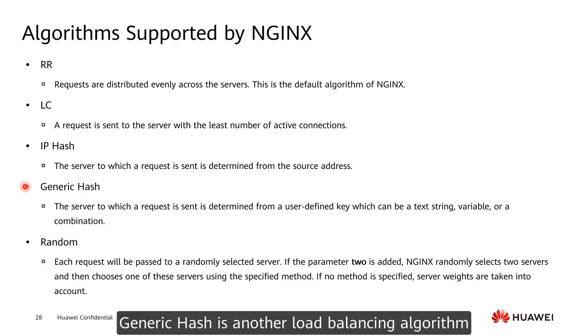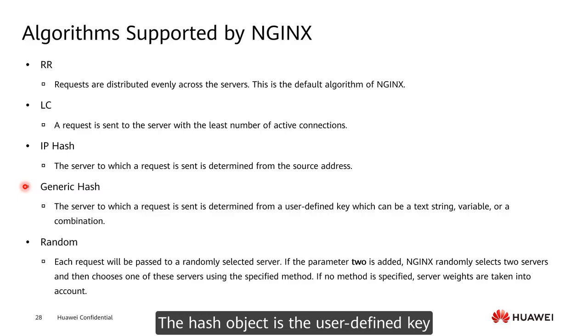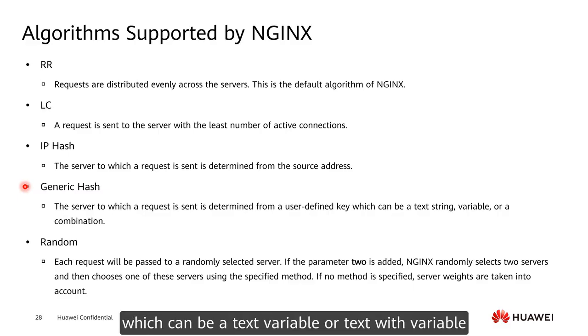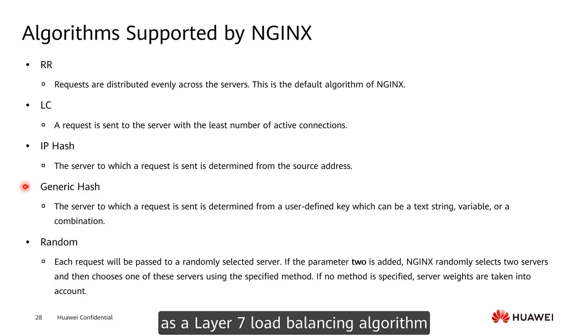Generic hash is another load balancing algorithm based on hash value calculation supported by Nginx. The hash object is a user-defined key, which can be a text, variable, or a combination of text and variables. When Nginx functions as a Layer 7 load balancer, the administrator sends different URIs and ports to different services.